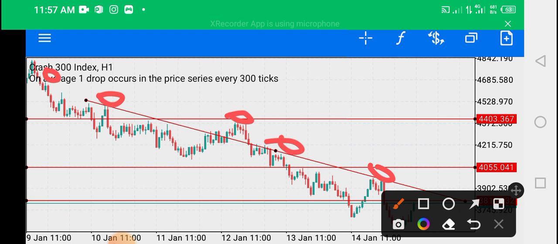From the circles I'm drawing there, as you can see, it keeps coming down lower than the previous ones. The first one here is actually higher, and the second one here is lower than the previous one. And you see this one here is lower than the previous one, and this one here is lower than the previous one, and this one here too. So it keeps coming down like that.